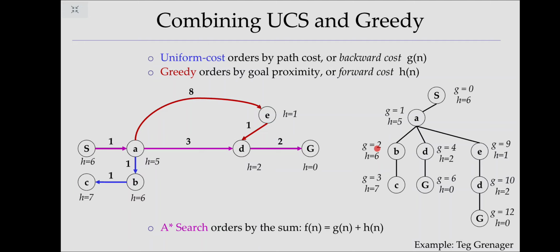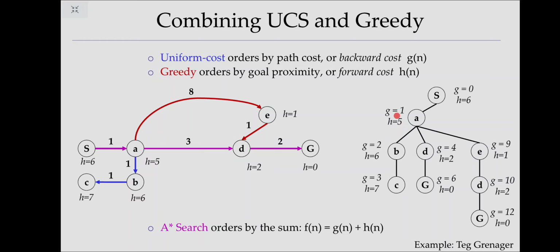Again, the value of G is defined with respect to the corresponding cost between the predecessor and their node, and the predecessor cost, 1, is added to the cost of the link.